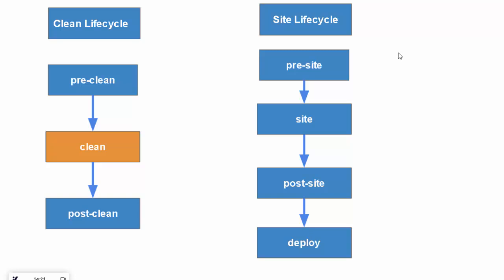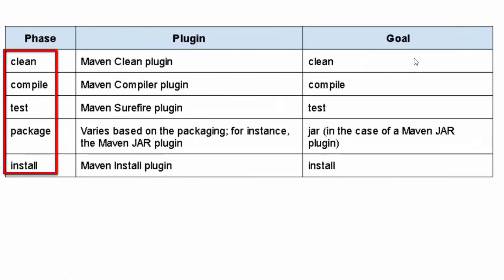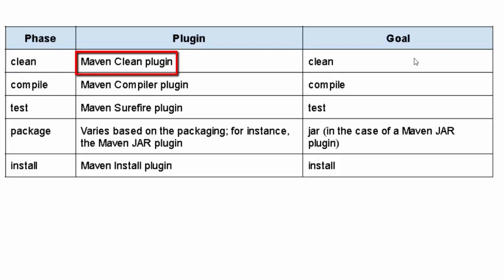If I show you a table, I think it would be clear to you. Here I have mentioned a few Maven phases like clean, compile, test, package, install. So what happens if I type a command, say mvn clean? My clean phase would get invoked. But what task will it do? This clean phase would be using the Maven clean plugin, and within the plugin a goal would be called.